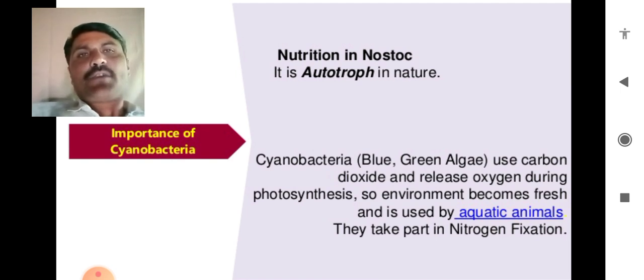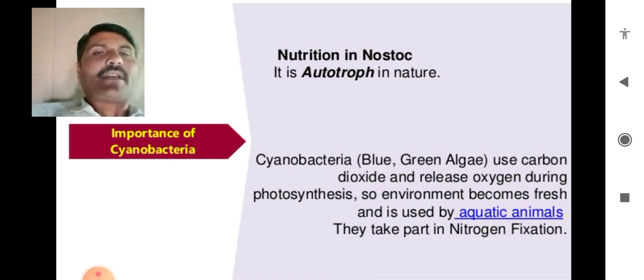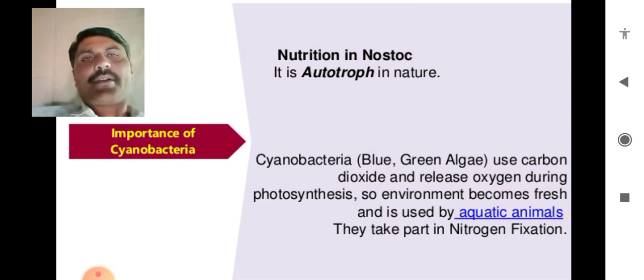Friends, this was about the reproduction as well as the structure of the Nostoc. Now you can see some beneficial aspects of this alga, its importance and salient features. As we know, Nostoc is an autotroph and capable of producing its own food. Cyanobacteria, blue-green algae.